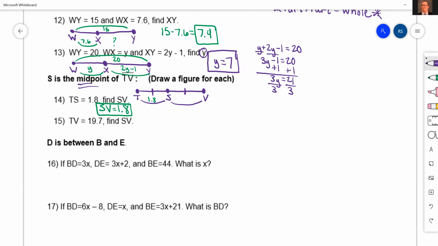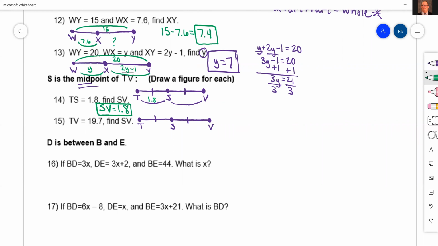Now 15, it's basically the same picture, but I'm drawing it again because I want to keep both pictures up for each problem. So T, S, and V. We know they're congruent. Okay, let's see what it tells us.